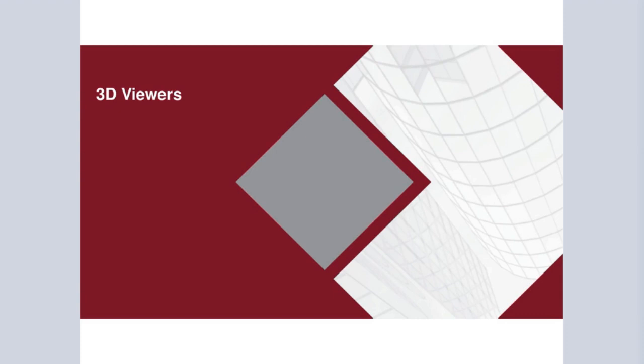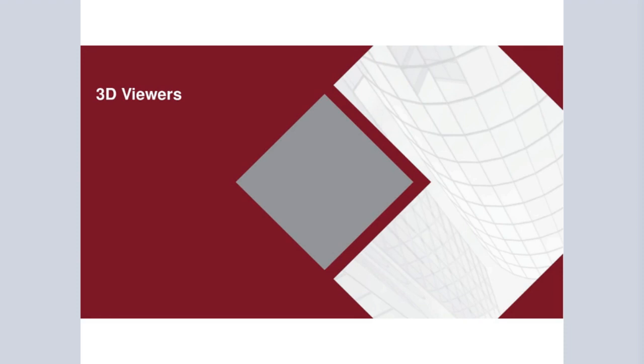I'm just coming towards the end of the presentation, but I wanted to touch briefly on 3D viewers, because one of the things that's cropping up frequently in recent months is the use of 3D viewers, or a 3D model being used on a project.